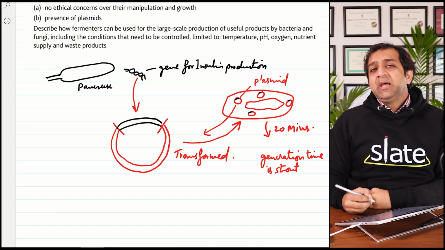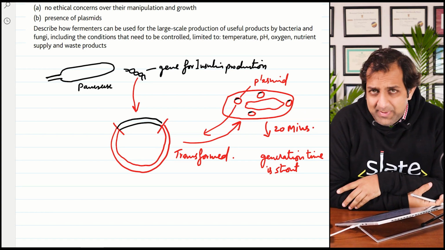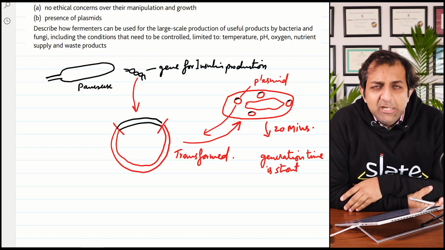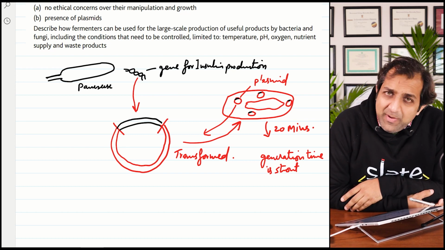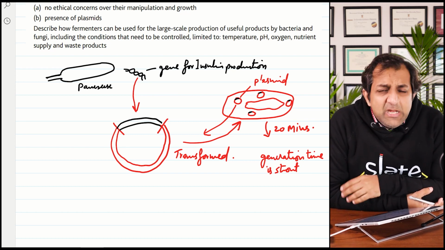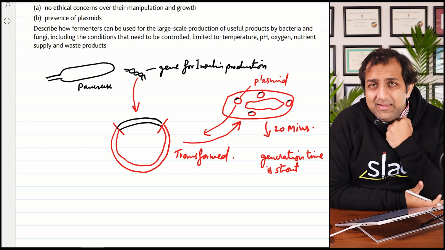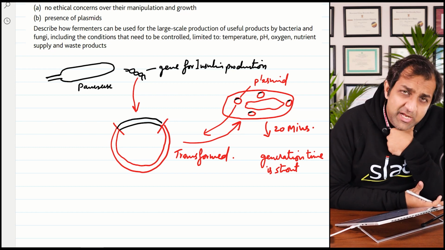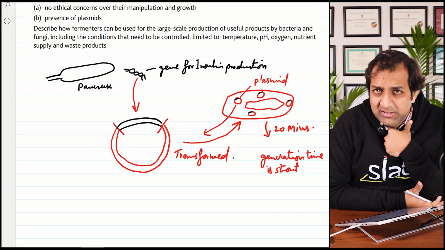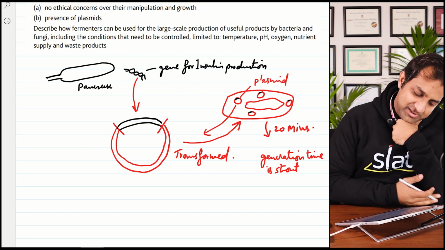And since in nature bacteria love to share plasmids with each other, it's very easy to introduce a transformed plasmid back into bacteria. So it is very easy to manipulate. That's why scientists mostly use bacteria for genetic manipulations and genetic engineering experiments.